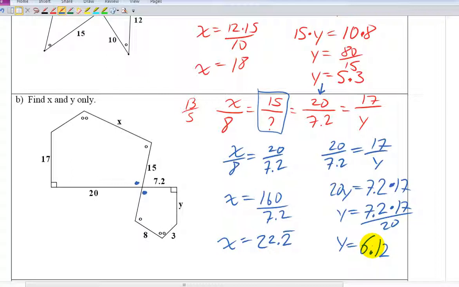Okay, so x equals 22.2 repeated, y equals 6.12. Any questions?